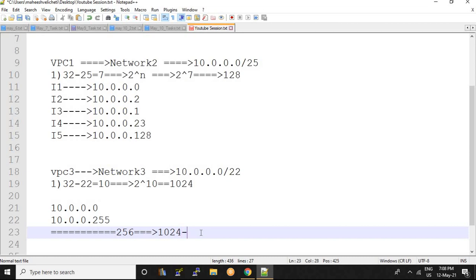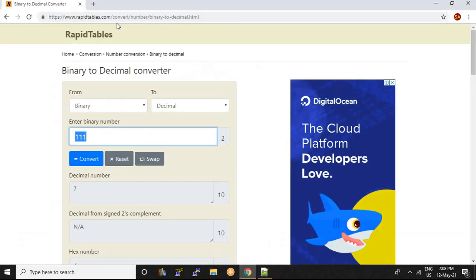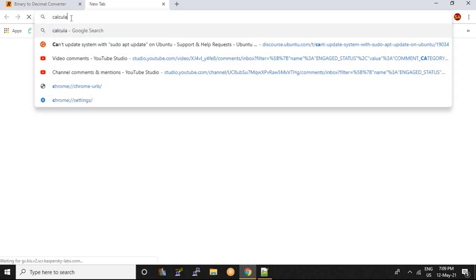So you have only 1024 IPs. Among the 1024 IPs, 256 IPs are reserved. So how many IPs still do you have to assign? Yeah, if you don't know, just calculate. Just take a simple calculator.